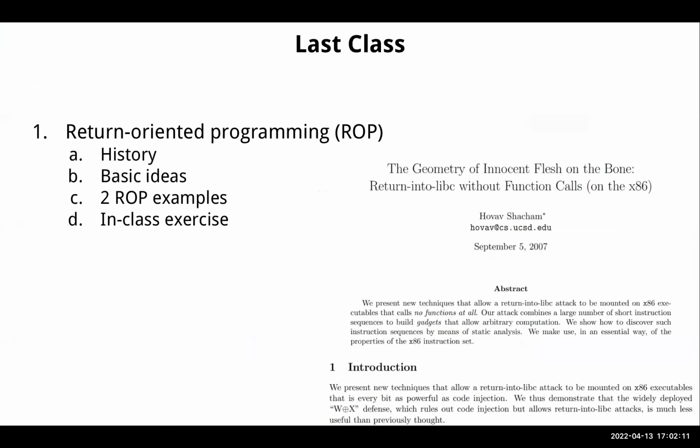So last class, we started talking about return-oriented programming. We saw one example in which we use ROP to set the function parameters. Hopefully now you can see why the title of the original paper was the geometry of innocent flesh on the bone.